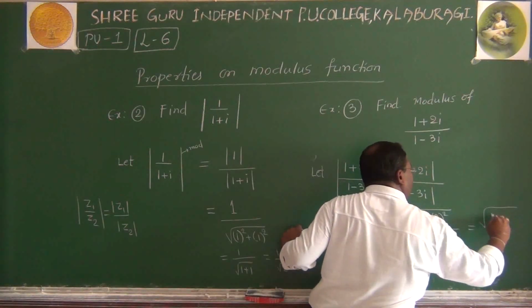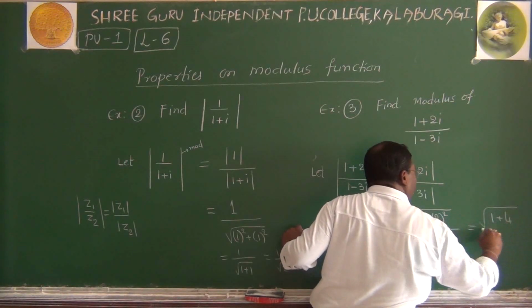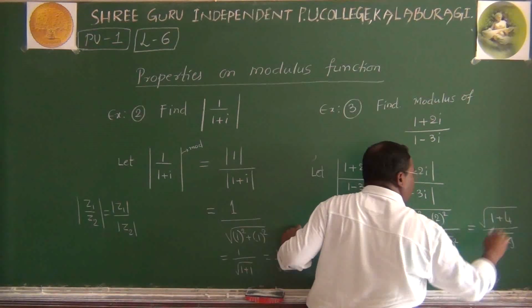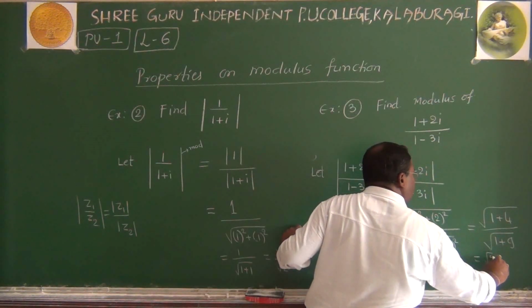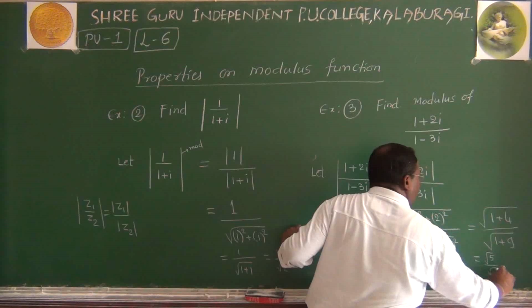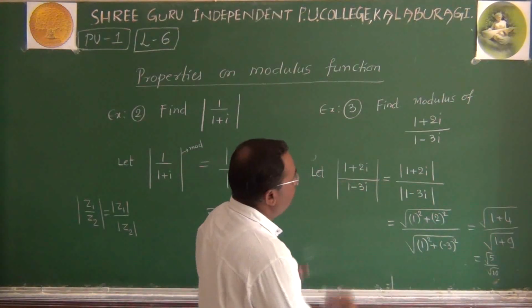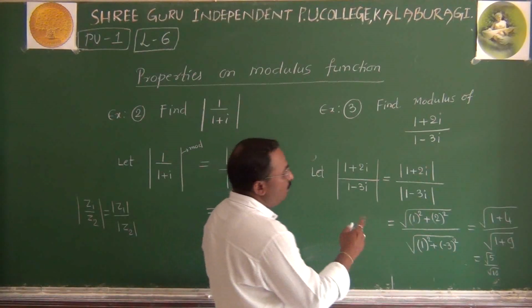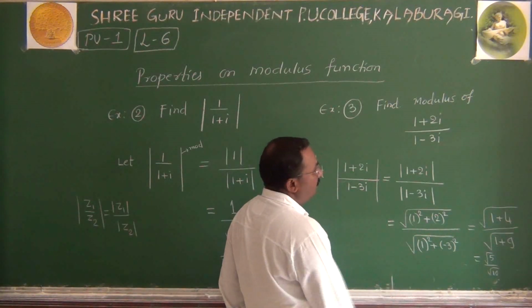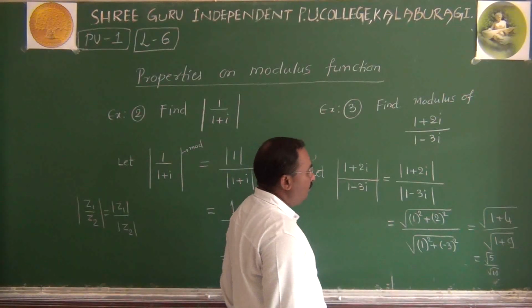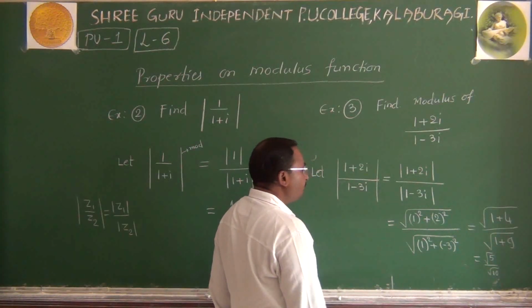Square root of 1 plus 4, square root of 1 plus 9, is equal to root 5 divided by root 10. Here root 5 by root 10 can be written in another form, root 2 into root 5. Simplified, there is a 1 by root 2 form.